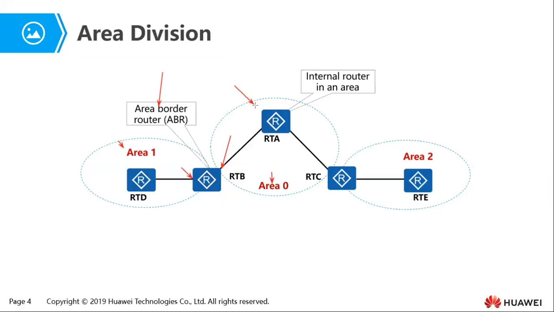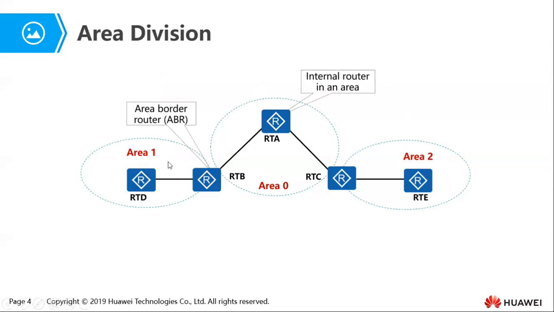Then we also have what we call internal routers. An internal router is a router which all its interfaces belong to the same area. So for example here, RTA, RTD, RTE are internal routers.